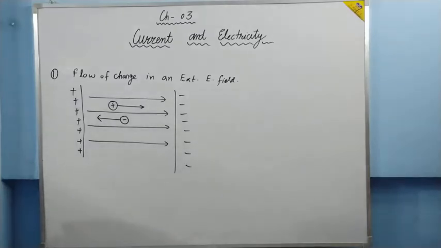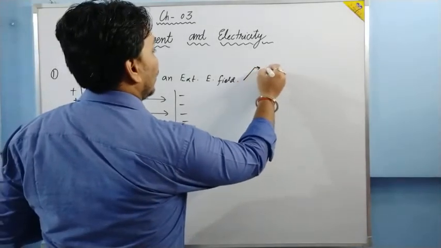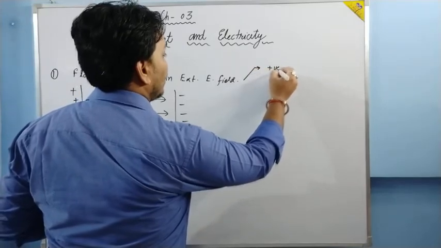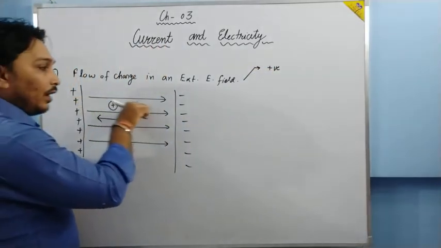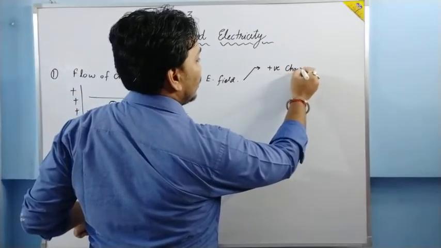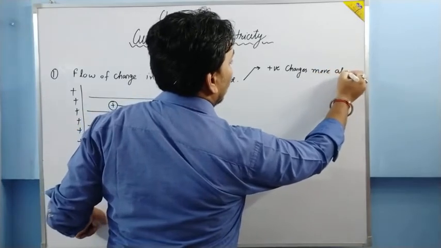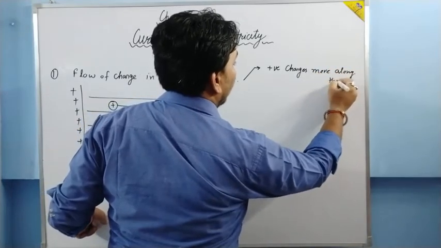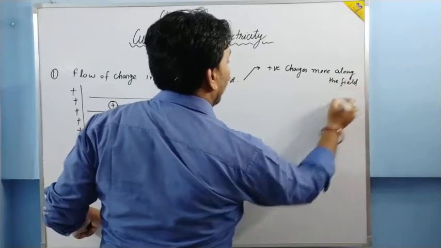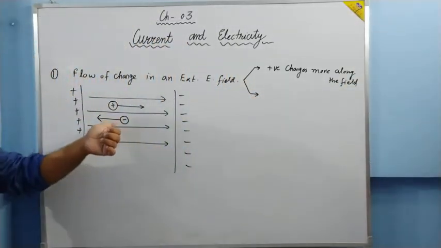So what is the outcome from here? Positive charges move along the electric field, whereas negative charges, as you can see, move opposite to the field.